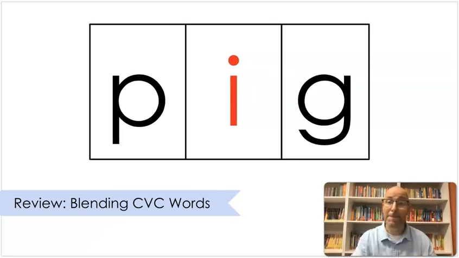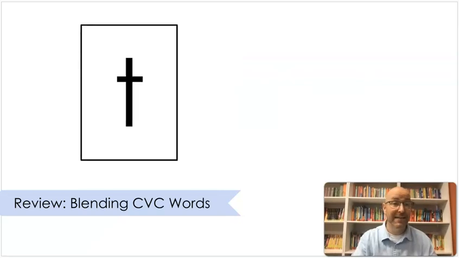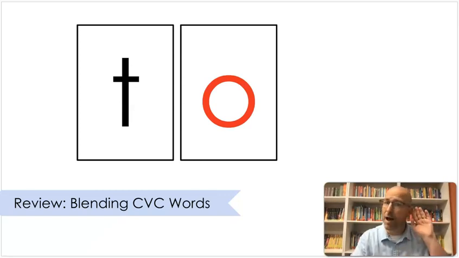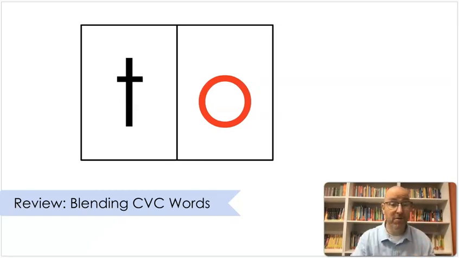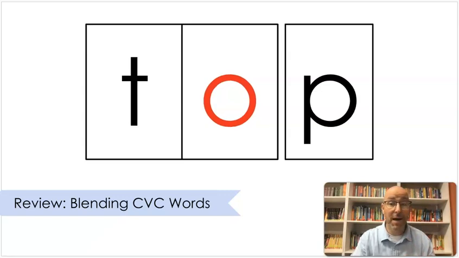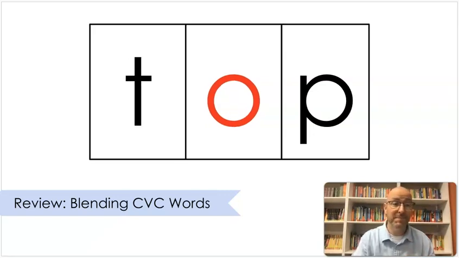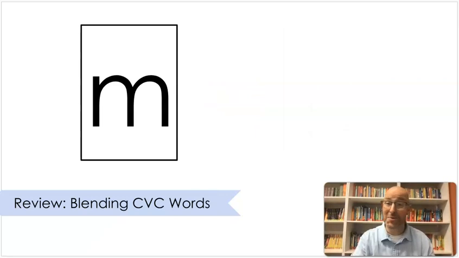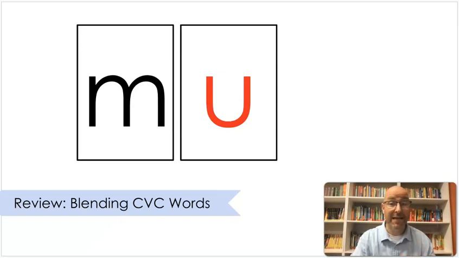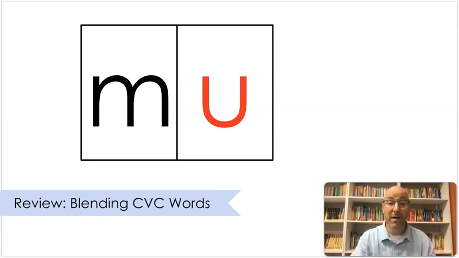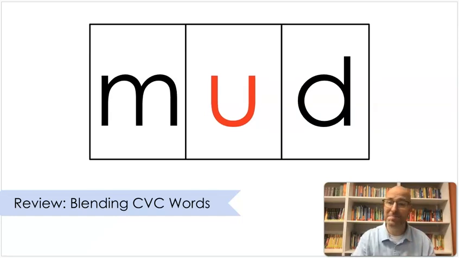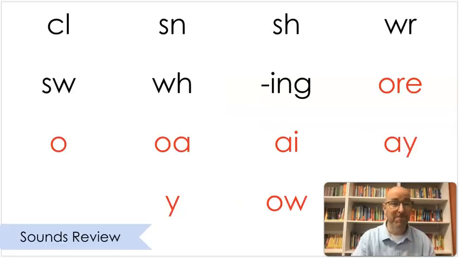Pig. Pig. Next, sound. T. Sound. Ah. Put those together. Top. Top. Let's do another one. Put those together. Mud. Mud. Very good. That was just a quick review, just to kind of get your brain warmed up.